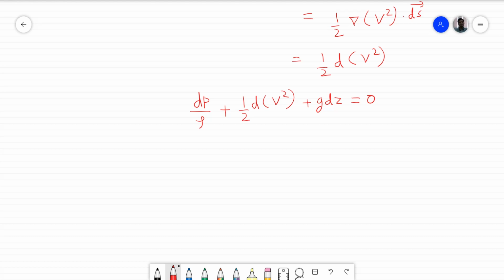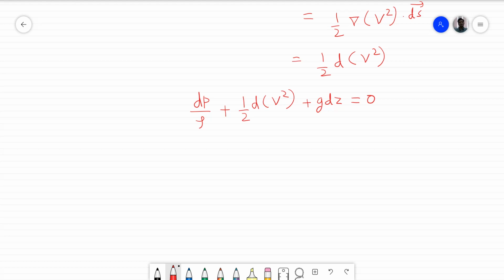So we are going a distance ds and we are calculating these derivatives dp, dv square and dz in that displacement ds along the streamline S. These derivatives are not arbitrary differentials in any direction.